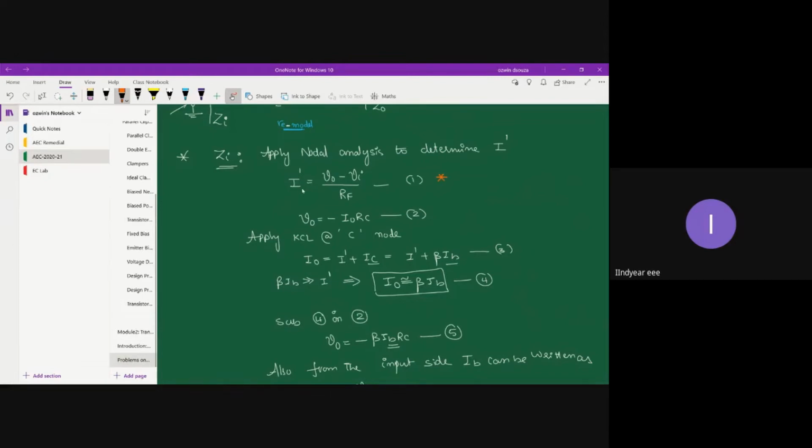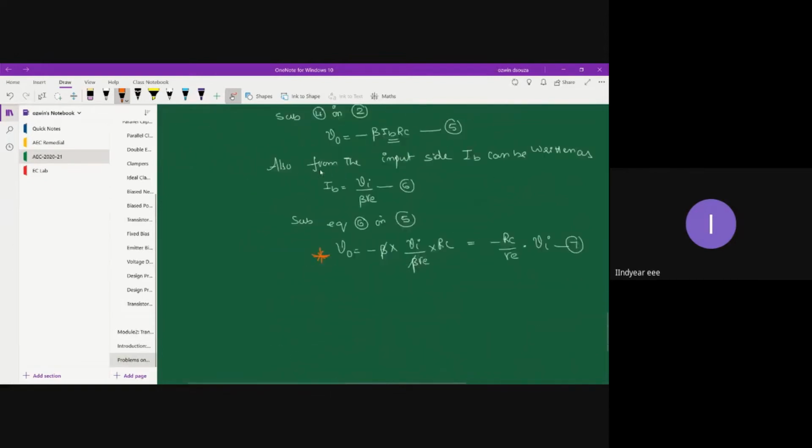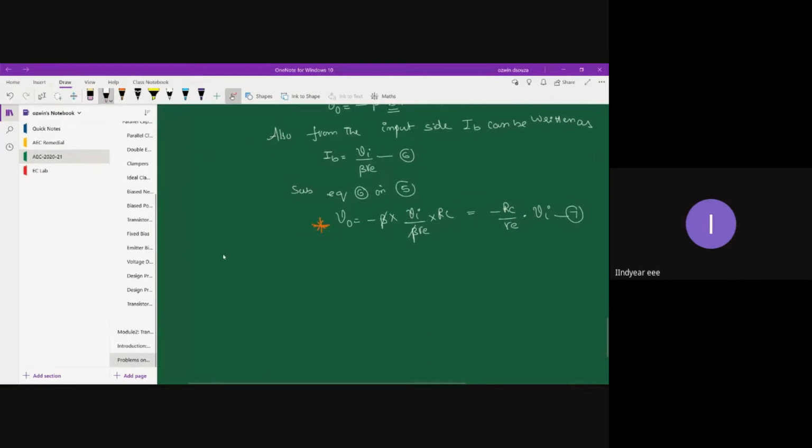Your first equation is the I dash equation. So substitute equation 7 in equation 1. Equation 1 is I dash. So I dash is equal to, let me write, V naught minus VI divided by RF, which is equal to, let us split up, V naught by RF minus VI by RF.